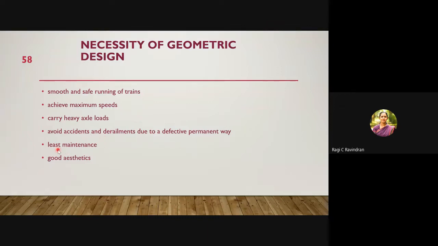And if you are designing by considering the above said factors such as gradients, curvature, and alignment, it may require least maintenance. And finally, it provides good aesthetics also. So these are the reasons why we are going to design the track geometrically.